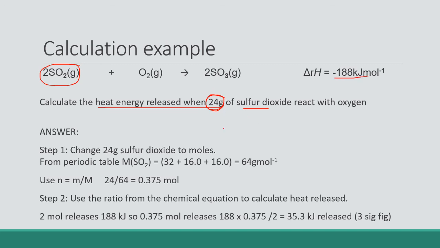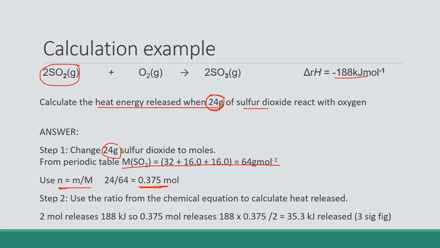So we've got a mole ratio, we've got mass, we need to use our molar mass, which is here, 64 grams per mole, which is actually given in the question, or you can work it out from the periodic table. Then use the equation to change the 24 grams to moles: little m stands for mass in grams, big M stands for molar mass. So 24 divided by 64 equals 0.375 moles.